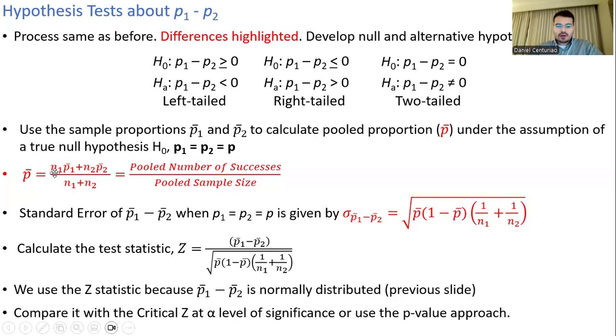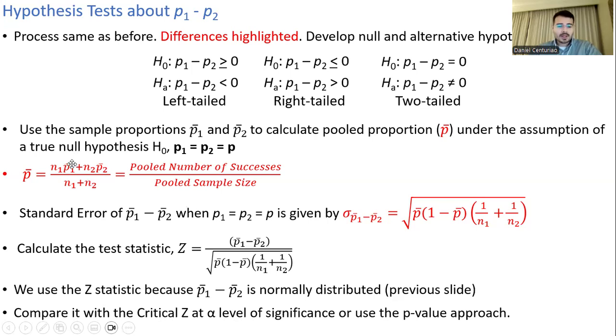So basically you calculate this pooled version of the proportion by weighting the proportion of sample 1, multiplying it by the number of observations in sample 1, plus the number of observations in sample 2 times the proportion in sample 2, divided by the number of observations in sample 1 plus the number of observations in sample 2. Note that this is pretty similar to what we have done with the average.